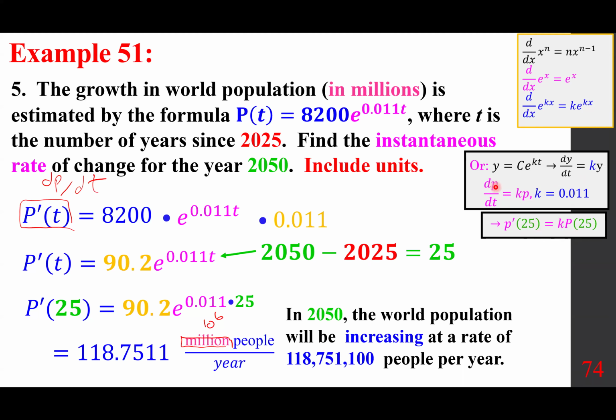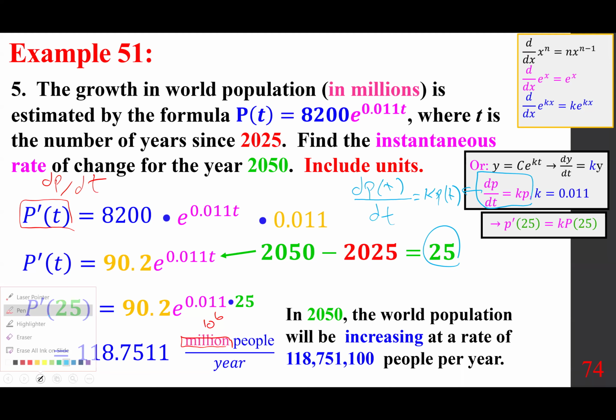Please understand, what this formula really is: dp as a function of t over dt equals k p as a function of t, and now t is 25. That's why p prime of 25 is k p of 25. So k is this number, and p of 25, you put 25 into this.